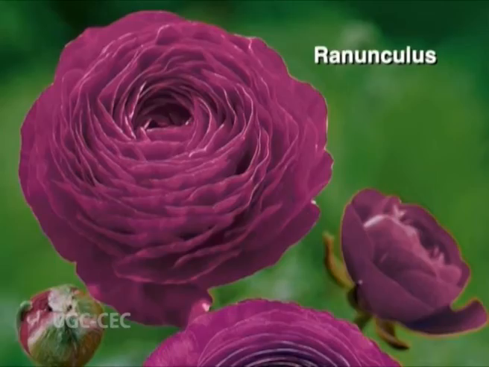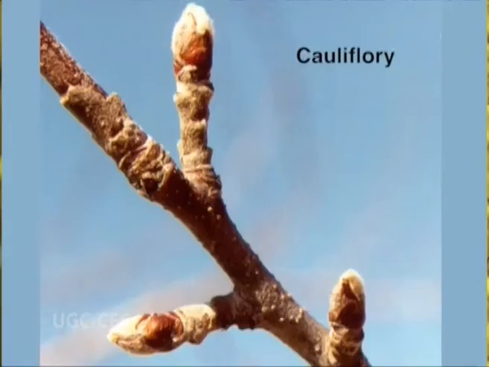Rarely, as in Ranunculaceae, the floral parts may be arranged both in circles and in spirals, and the flowers are called spirocyclic or hemicyclic flowers. Some plants like Artocarpus and Ficus produce flowers on old stems from dormant buds, and this is referred to as cauliflory.